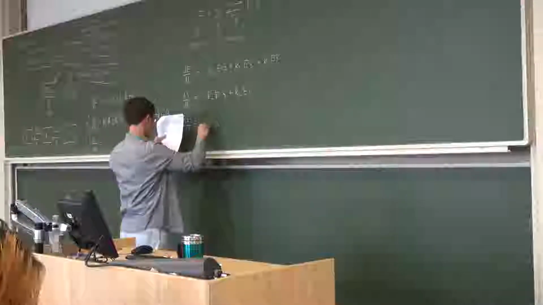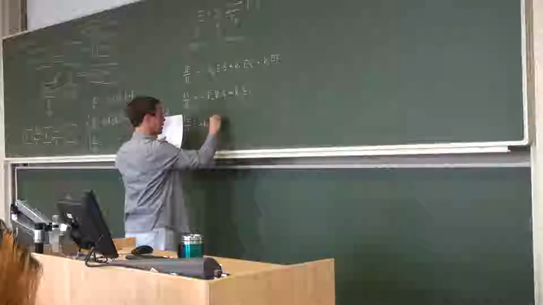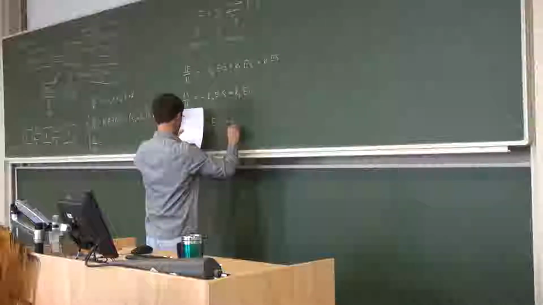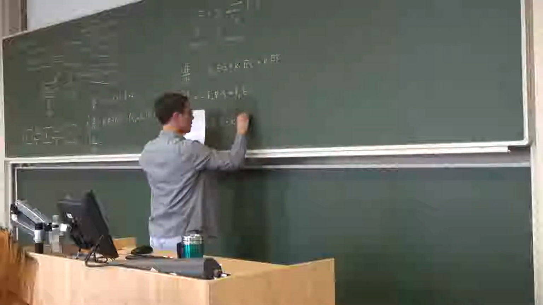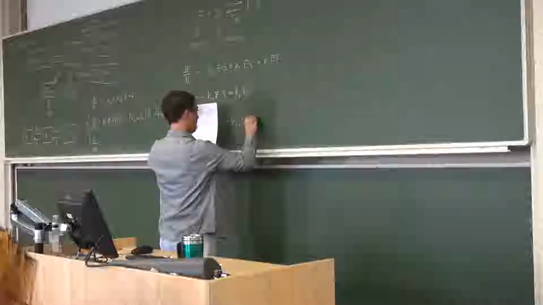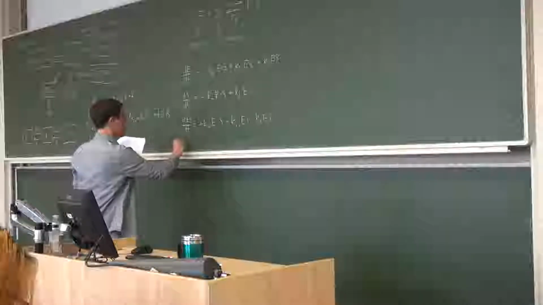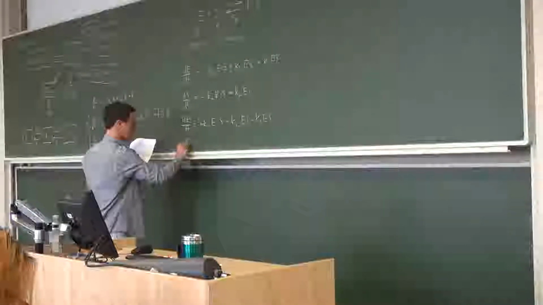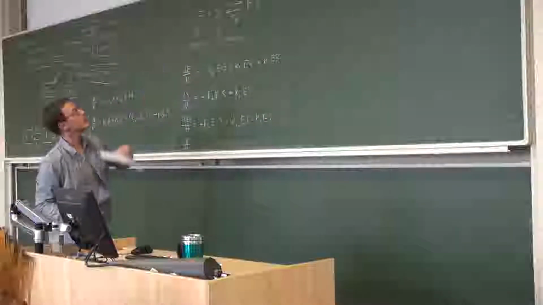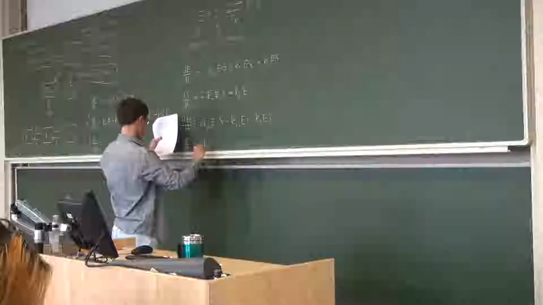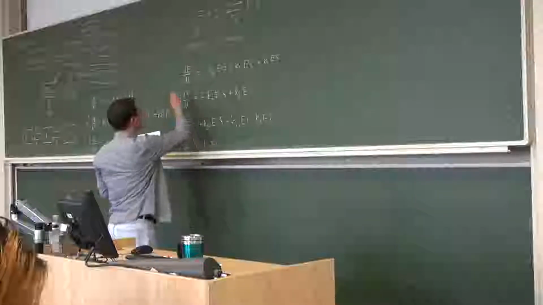So plus K1 plus E times S minus K1 minus ES, and then minus K2 ES. And then d product by dt is simply just obtained in the second reaction. So plus K2 concentration of ES.